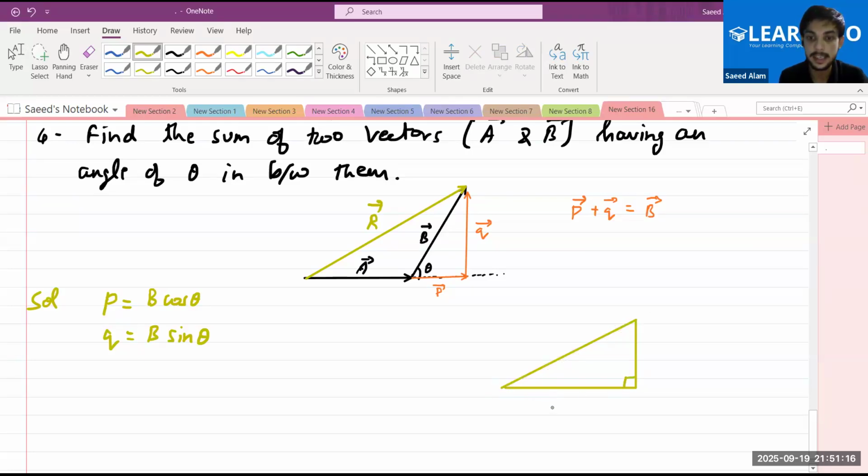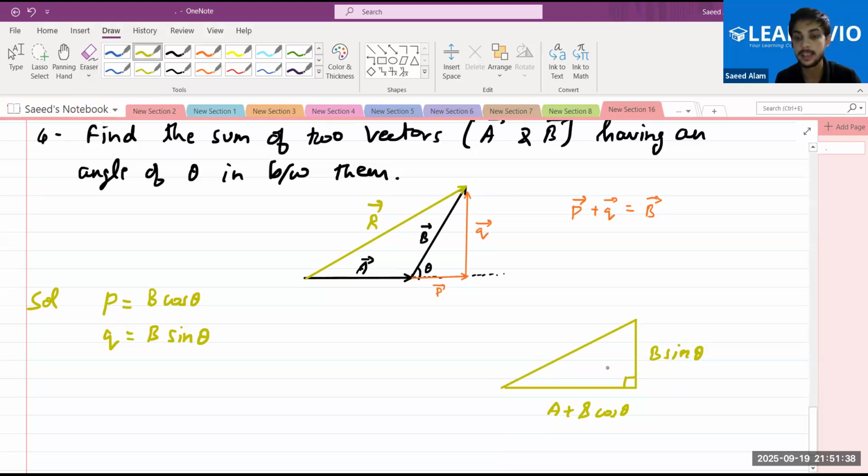What is this base length? That is A plus B cos theta. Yes or no? Yes. And what is this perpendicular one? That was B sine theta only. Yes or no? Yes. Okay, we had seen this.